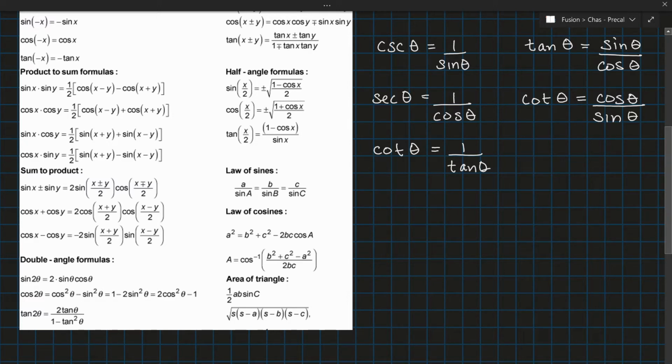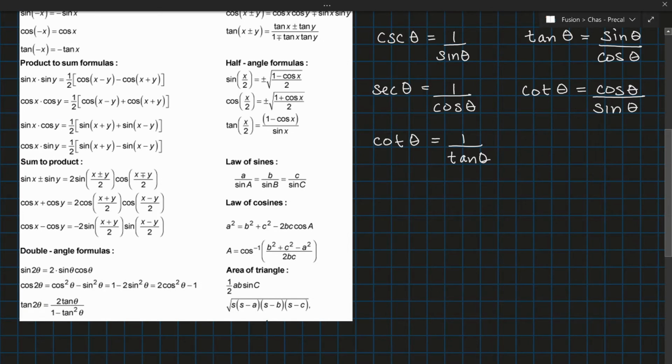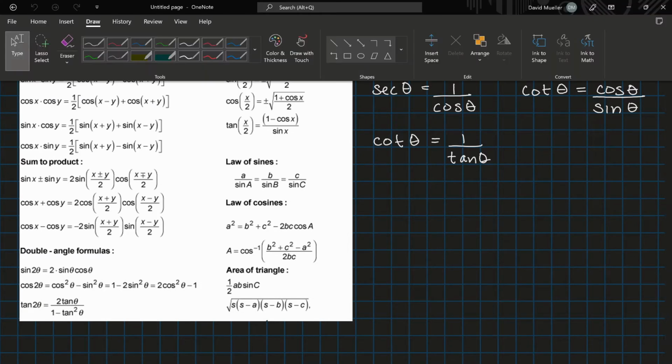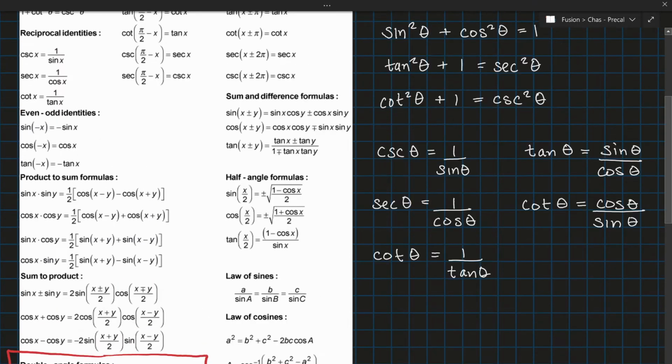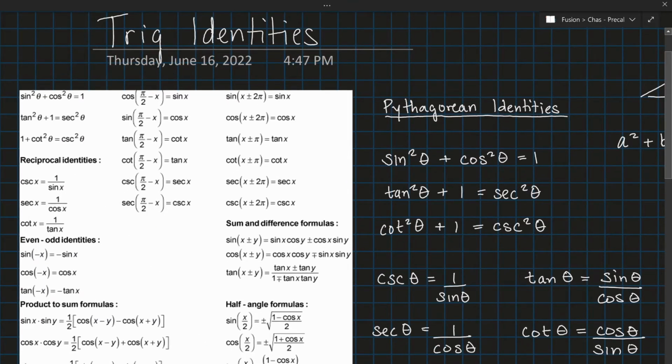You might use these double angle formulas some. I'm just going to draw a box around the really important ones that you should memorize. It's good to memorize all of them, or try to, although I don't have them all memorized.